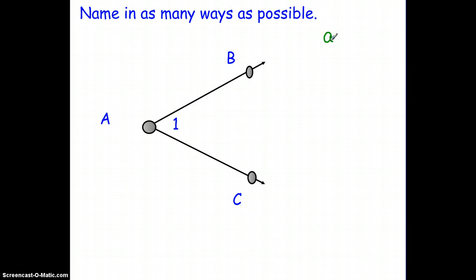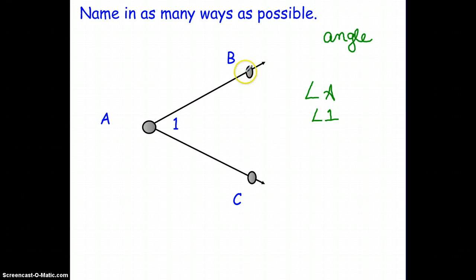Okay, now here's an angle. To name an angle, there are a couple of different ways. If there's only one angle here, I can use the angle marking and name it by its vertex point, which would be A. If it has a number inside, this number is not a degree measure of 1. That just tells you that it's angle number 1.